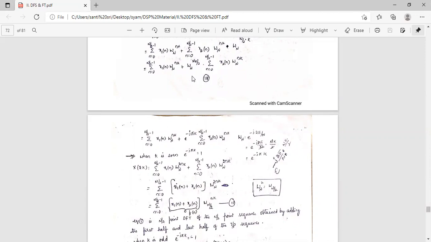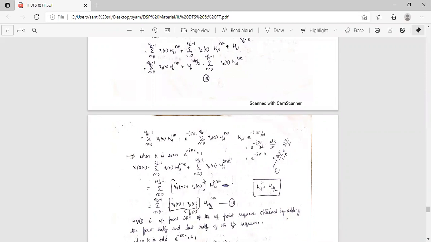So replace this W_N^(nk/2) by e^(-jπk) into sigma n equals 0 to N/2 minus 1 into x2 of n into W_N^(nk). When k is even, e^(-jπk) is equal to 1, right? So when k is even, X of 2k is equal to sigma n is 0 to N/2 minus 1 x1 of n into W_N^(2nk). Okay, it is even. Then plus this is 1, its value is 1.